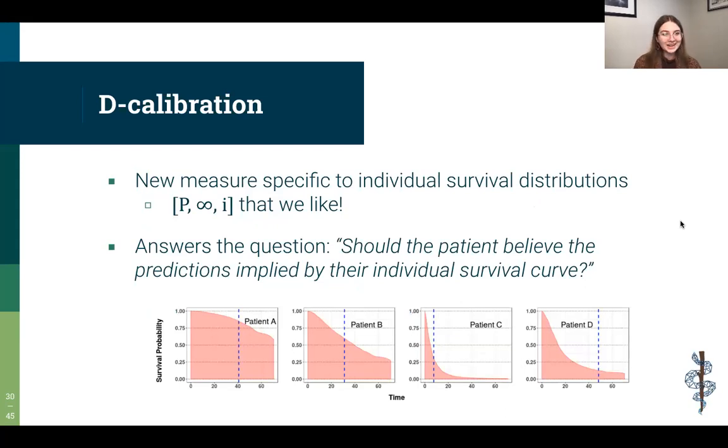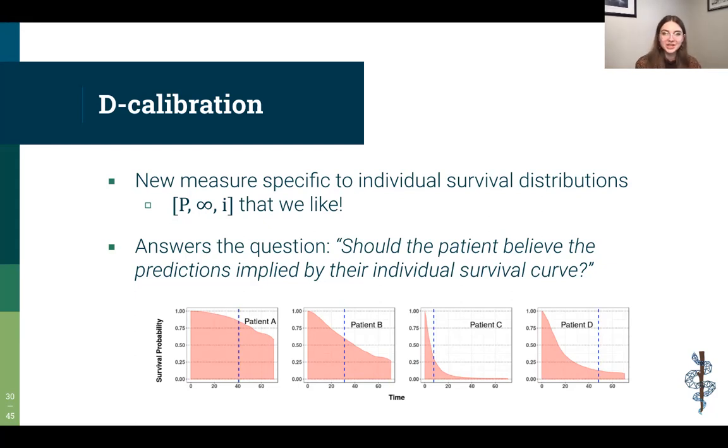Okay, and this last metric I want to talk about is decalibration. So this was introduced in that review paper that I had mentioned previously. This is a fairly new measure specific to individual survival distributions. While I had argued that these individual survival distributions contain the most information that we would want to know in a clinical setting to predict survival, they are generally, I think, some of the hardest to learn, and only more recently has there been strides made in this domain.